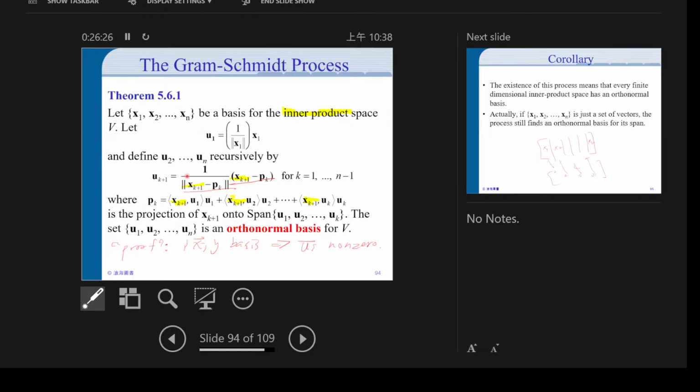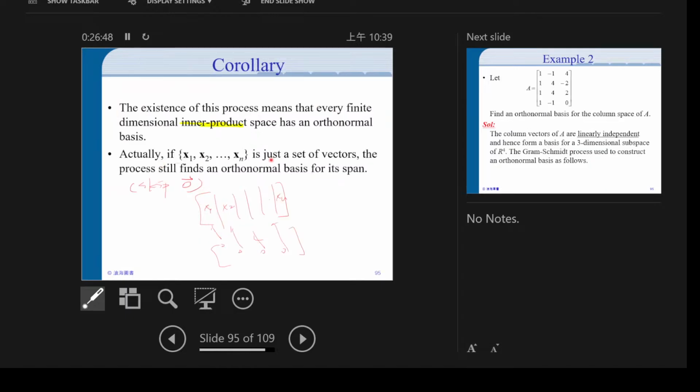Then you just skip it and don't have u(k+1), because that means this x(k+1) doesn't increase the span of your set of vectors, so you take the next vector and try to find the orthogonal complement, etc. So if x1 to xn is just a set of vectors, you can still run the Gram-Schmidt process and find the orthogonal basis.